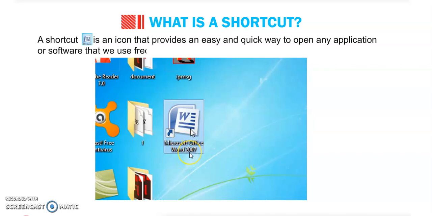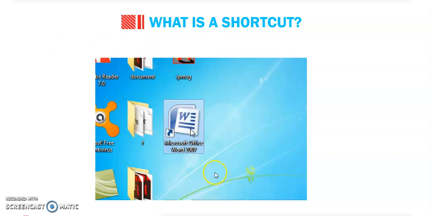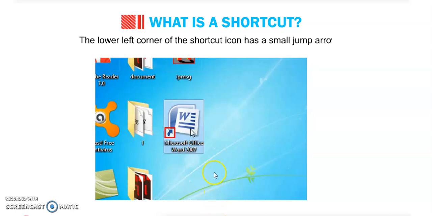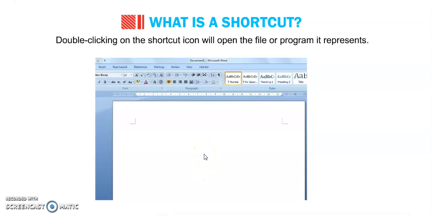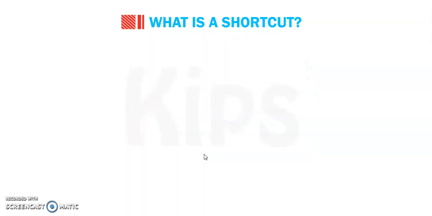So this is the shortcut icon. It is an easy and quick way to open any application or software that we use frequently. The lower left corner of the shortcut icon has a small picture. Double clicking on the shortcut icon will open the file or program it represents.